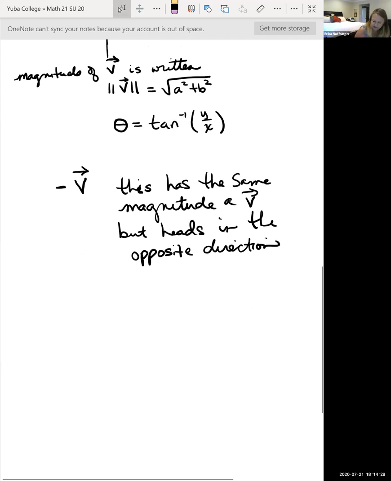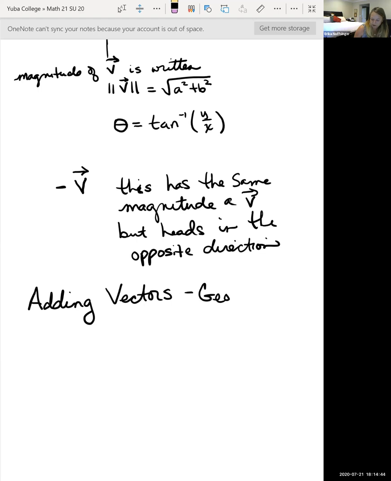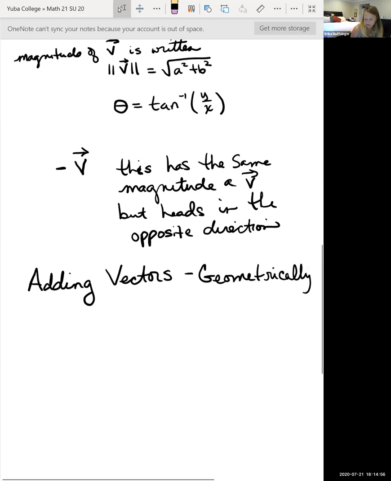Okay, so now let's look at adding vectors. And we're doing this geometrically first. So when we're adding real numbers, they're commutative, meaning 1 plus 2 is the same thing as 2 plus 1.